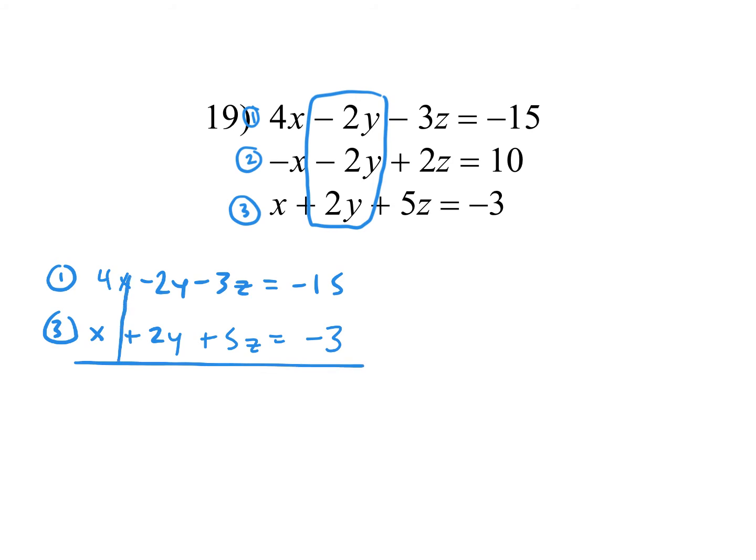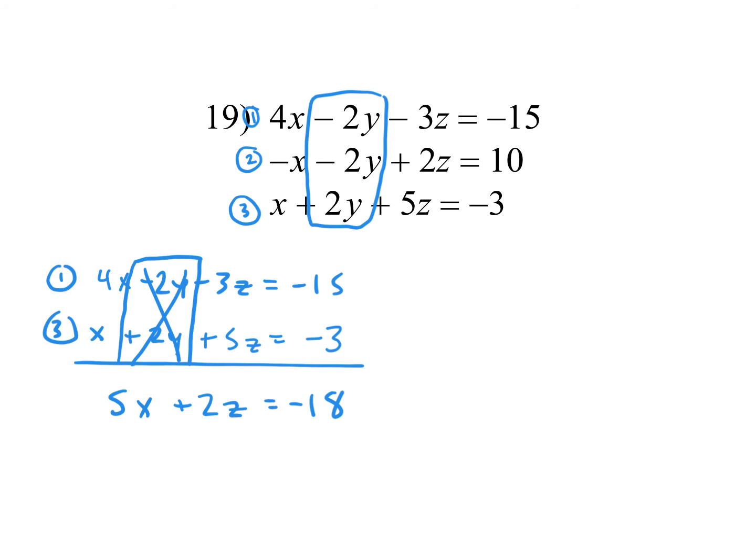Are my y's going to cancel out right away? Yep, that's why I picked them. What's 4x plus x? 5x. And what's negative 3z plus 5z? 2z. And then negative 15 minus 3? Negative 18. So that's one equation.